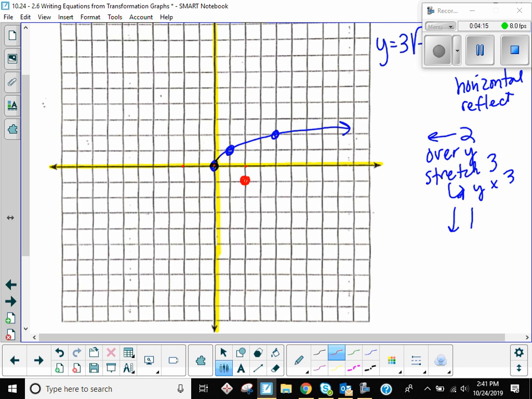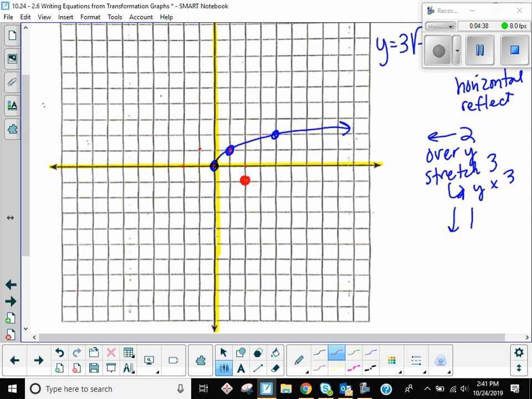So then I'm going to now do all of that for the (1, 1) point. So (1, 1) is here. I need to go left 2. (-1, 1) is right here. I need to reflect over y. It's 1 this way, so a reflection over would get me 1 this way. So that puts me right here.